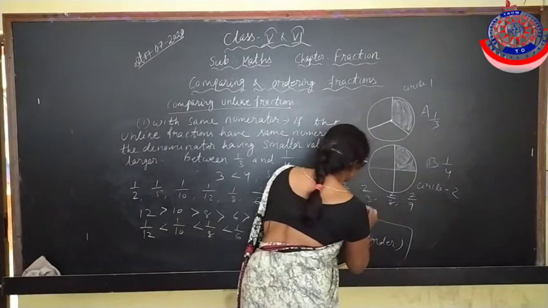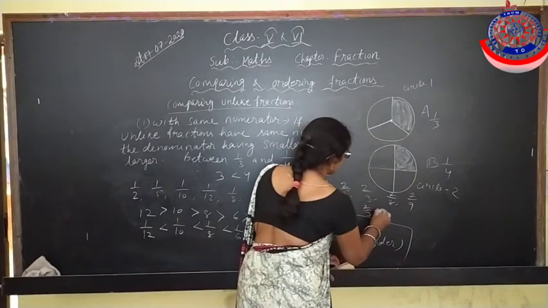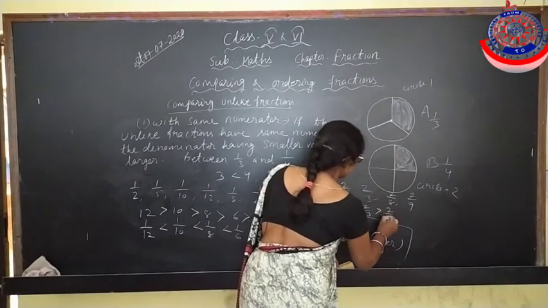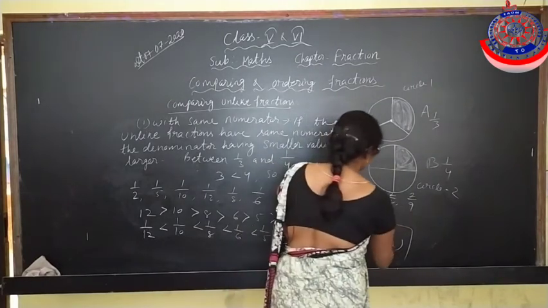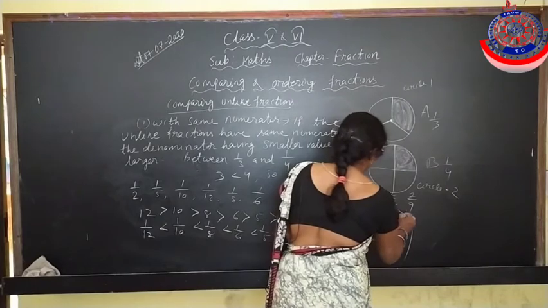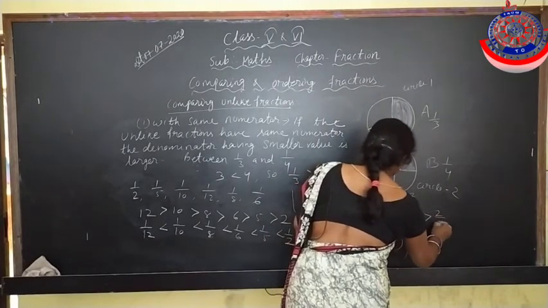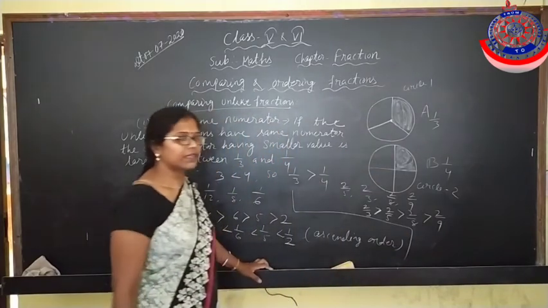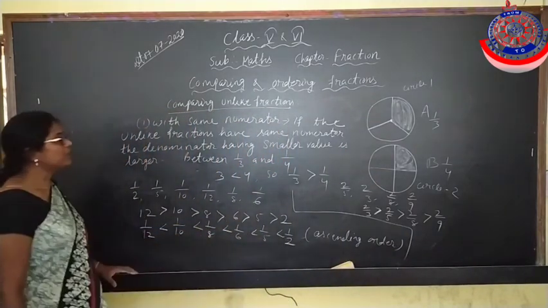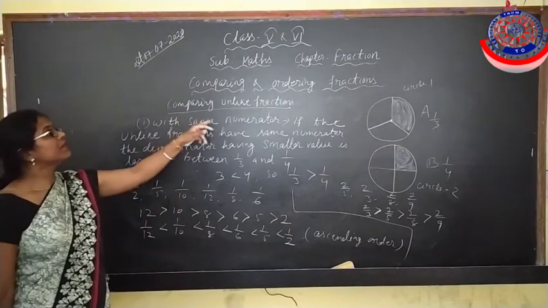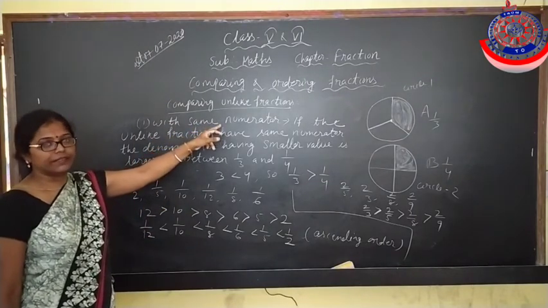That means 2 by 3 is greater than 2 by 5, greater than 2 by 8, greater than 2 by 9. Clear? Like this you have to arrange in ascending and descending order if they have the same numerator.